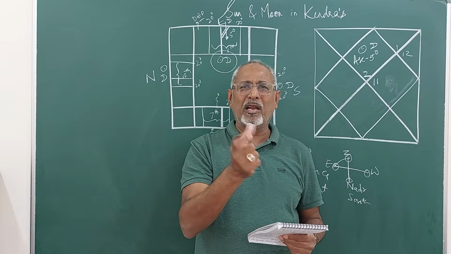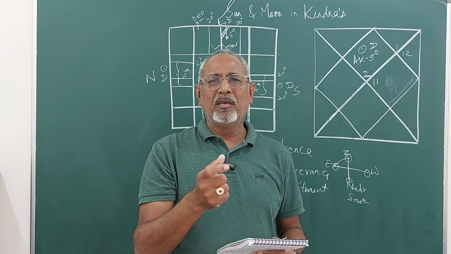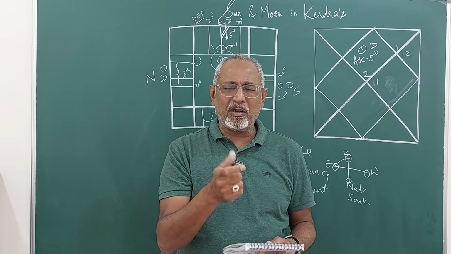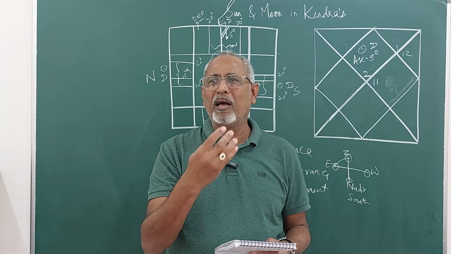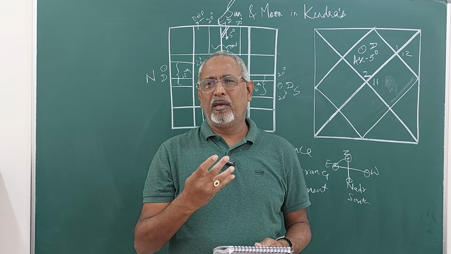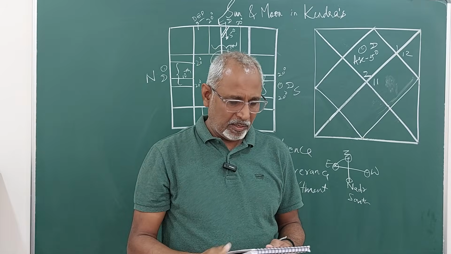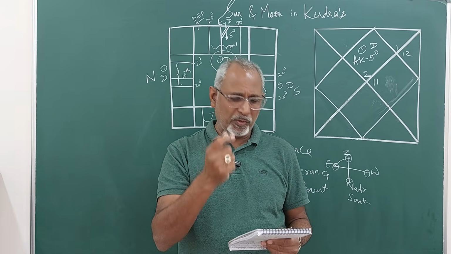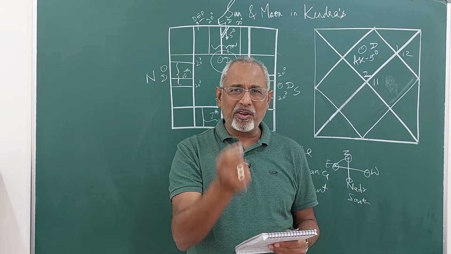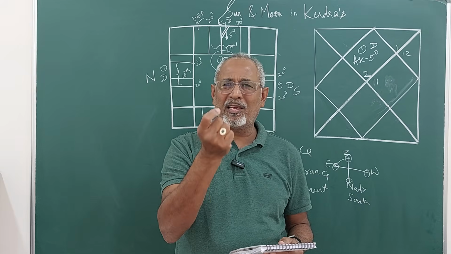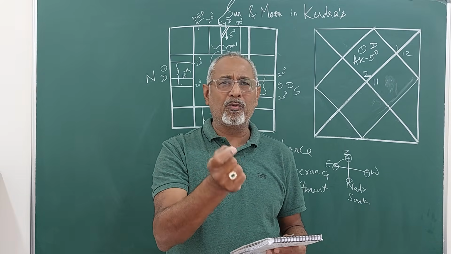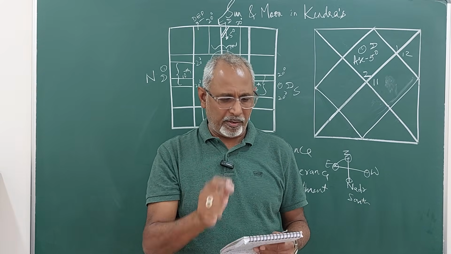That conflict will cause arguments, difference in mindsets, communication problems with parents. So the strength of both Moon and Sun has to be ascertained before you go and predict this point.